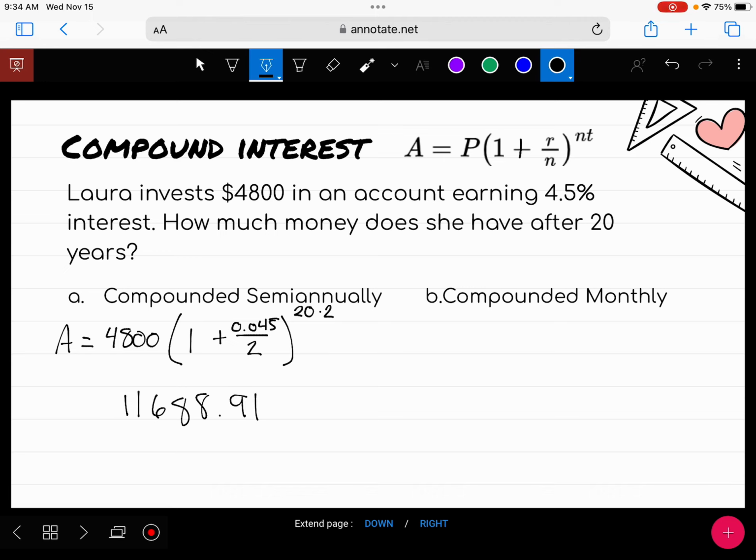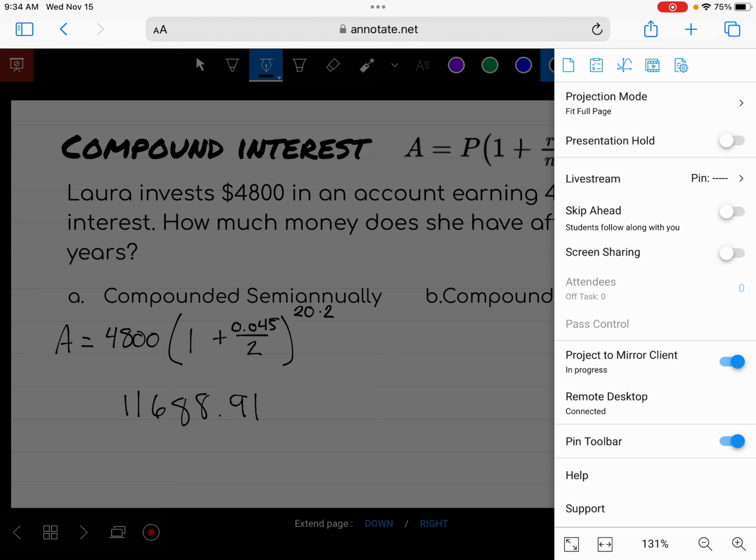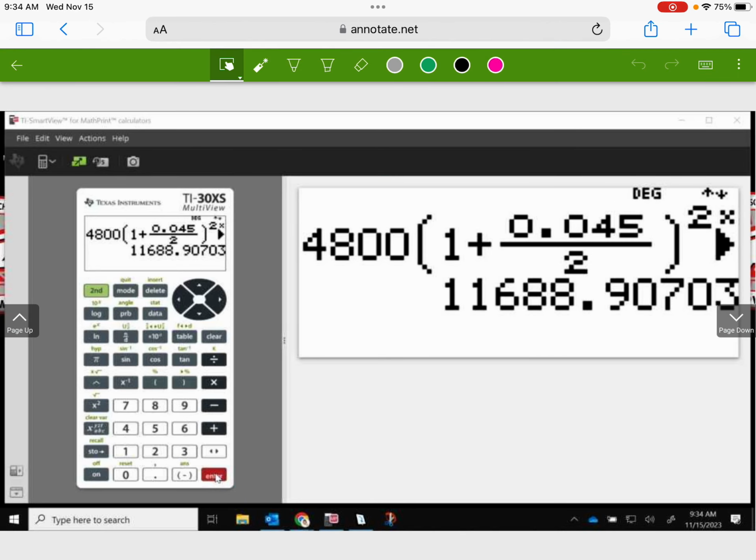The only difference over here, what changes over here for compounded monthly? The 2 becomes 12.